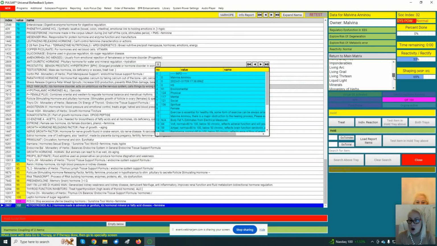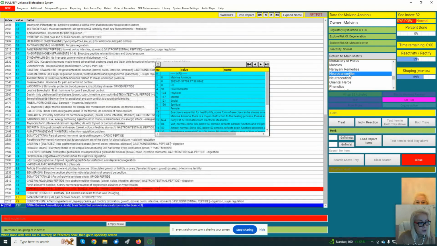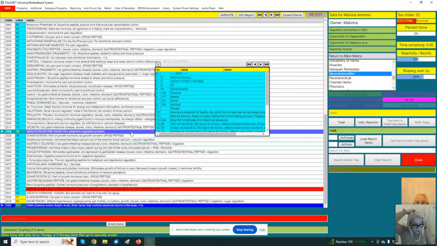Hormones. So let's also look at neurotransmitters. Now, what's the difference between neurotransmitters and hormones? Hormones mainly have to do with the endocrine system, whereas neurotransmitters have to do with the neurological system. They're both biochemical messengers, okay? But they do overlap.